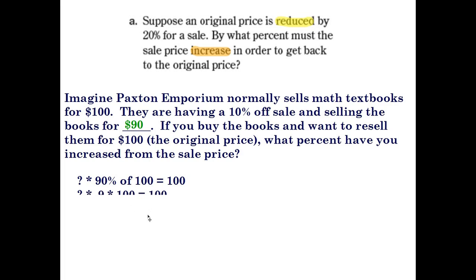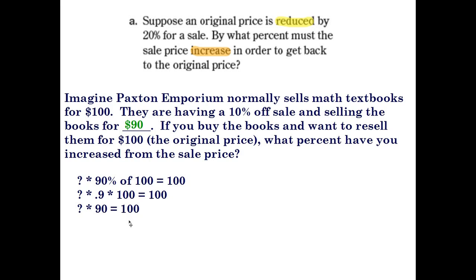So rewrote that with our decimals, some unknown amount times 90% or 9/10 of 100. In the other problem, remember instead of 100 here, we might have had an m, we had a variable. Sometimes I think using numbers instead of the variables helps us understand the problem a little better. When dealing with percents, 100 is probably one of the best numbers to use because remember, percent means out of 100.